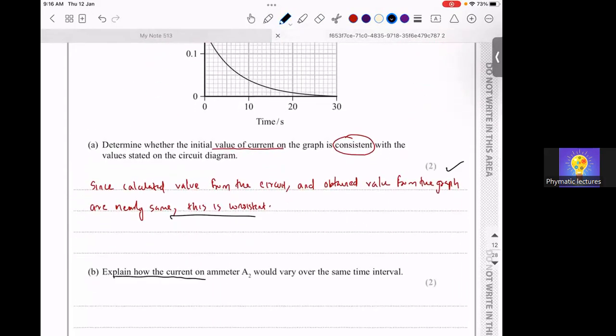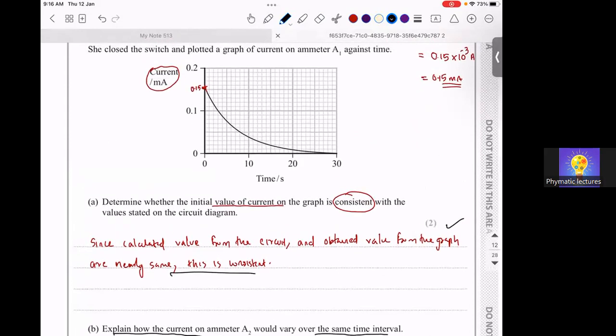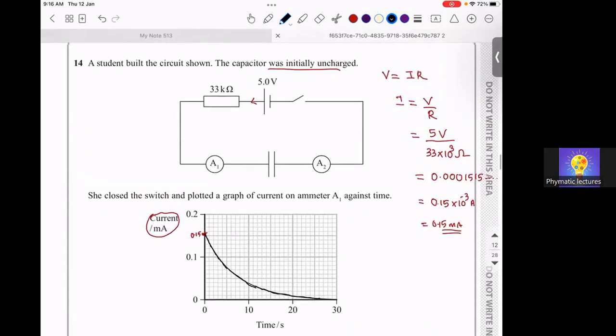Now, explain how the current on ammeter A2 would vary over the same time interval. This is the current variation for ammeter A1, and you can see this is an exponential decay, correct? The current is decreasing exponentially as time progresses. Now what happens to ammeter A2?